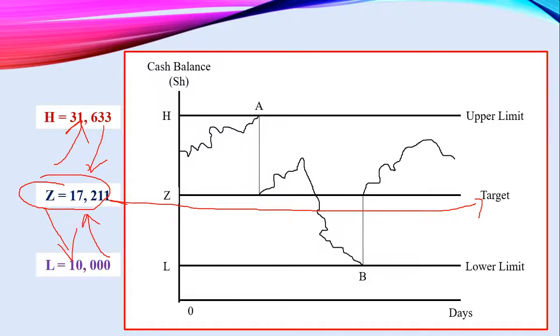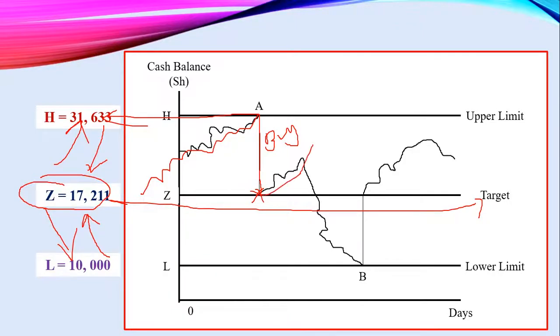So what happens? If they started with 17,211, let's say the amount was somewhere here, then it starts increasing to point A, which is the higher limit. They need to buy some marketable securities, which are the difference between these two figures, so that they take themselves back here to where they are supposed to be, the target cash balance, which is 17,211.